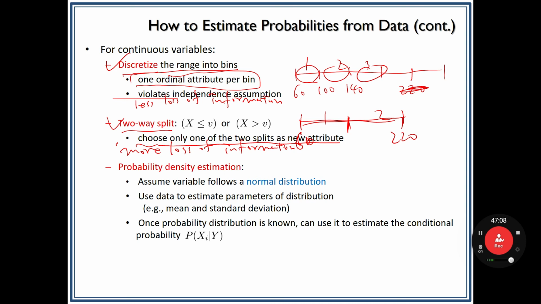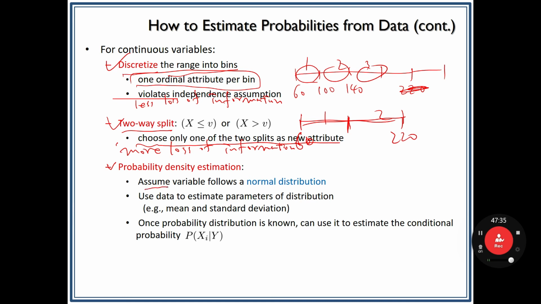As we discretize a continuous variable into fewer bins, we naturally lose more information, obviously, okay? Or we can employ a continuous distribution, such as the normal distribution.